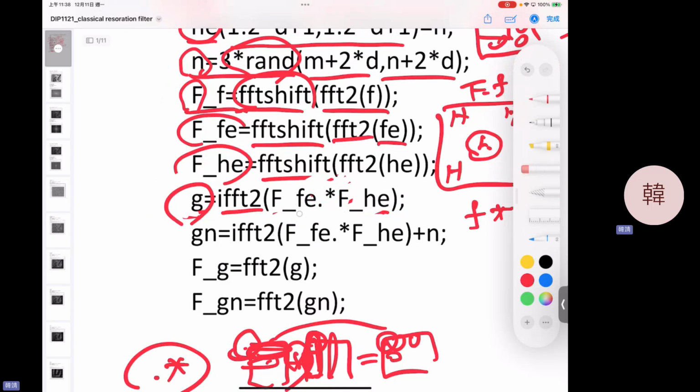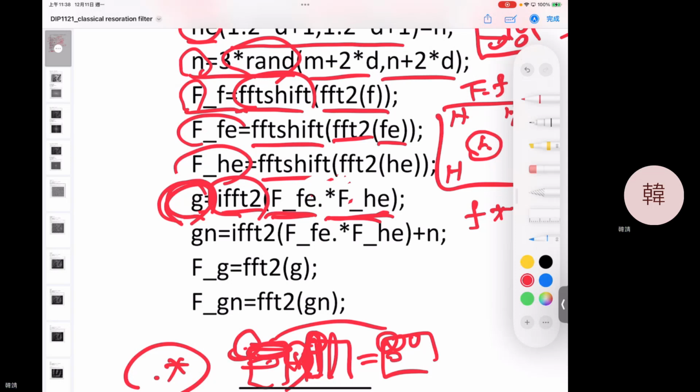In the frequency domain, this image times this image gives some blur result. And I take the IFFT2 to go back to the spatial domain. It's our blurred image. The image was blurred by horizontal motion blur.